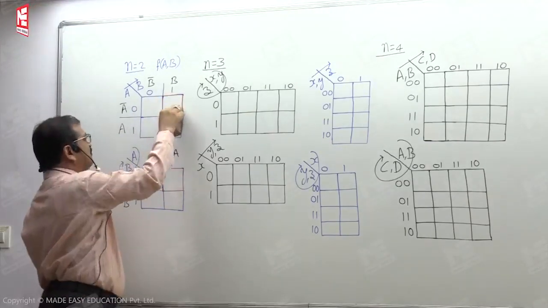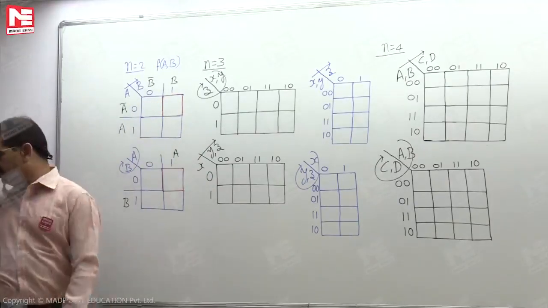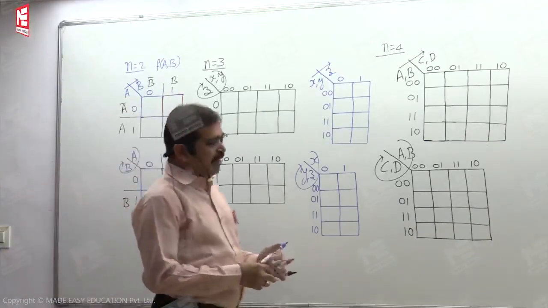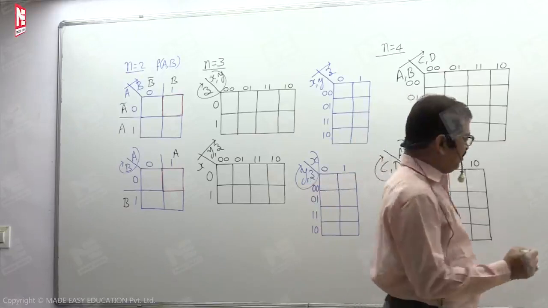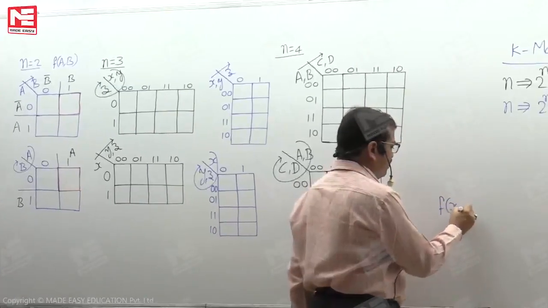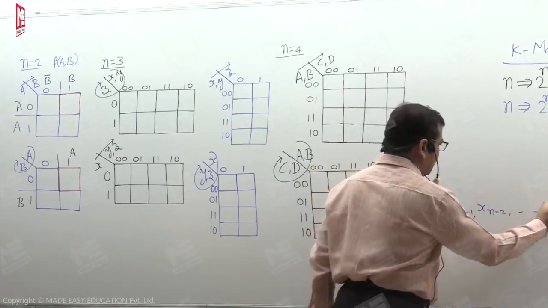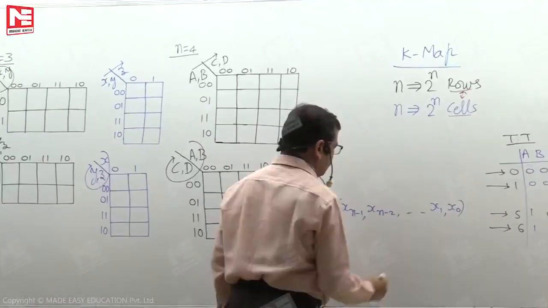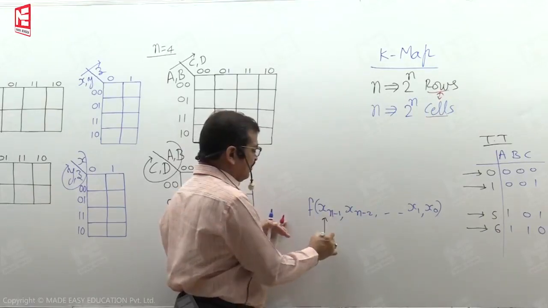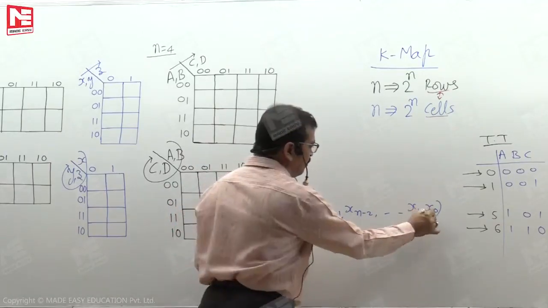For reading cell numbers, basically we must read the binary variable values in order MSB to LSB. Some time back while discussing a question, I already mentioned, in general, whenever we are writing a function f on variables, say xn minus 1, xn minus 2 and so on, x1, x0, after function f, whatever variable we have as the first variable is the most significant bit variable and so on.